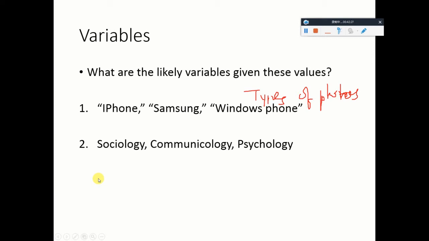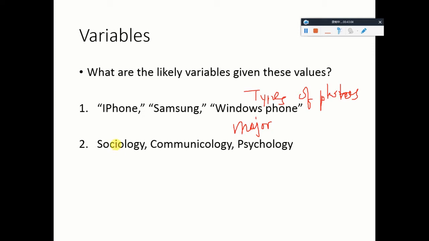Sociology, communicology, psychology. If these three terms are the values of a variable, then what could that variable be? The answer is major. Major is a concept, and this concept is not a constant because in almost all universities in the world we have many majors, at least more than one major.